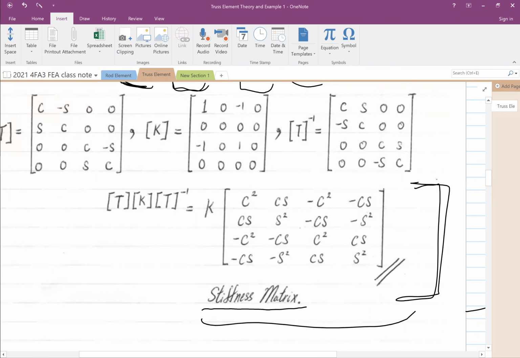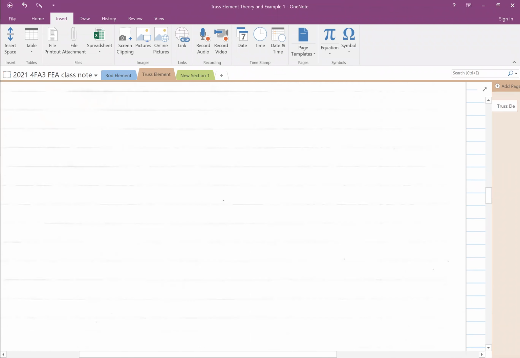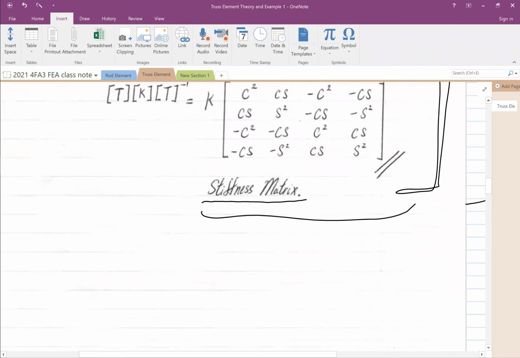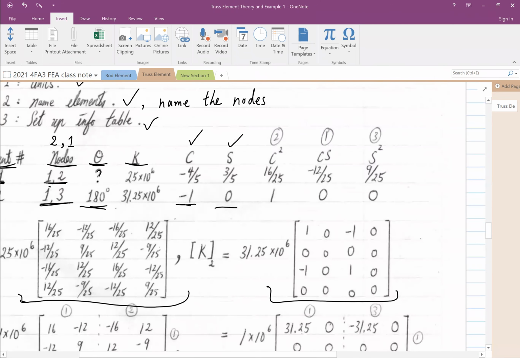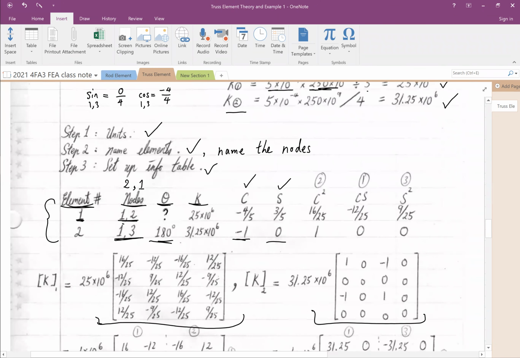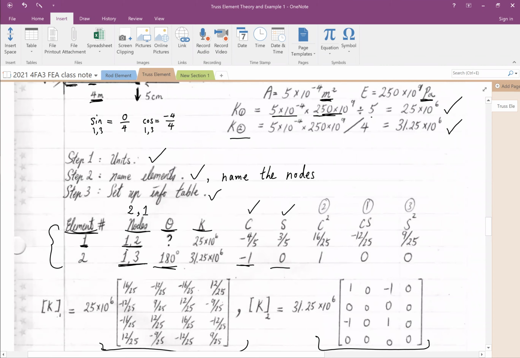The reason we set up the table is to make it nice and clear. We want to know the C square, CS, S square, all these things. Now we have a good table. We plug in all the numbers. We have K1 and K2.